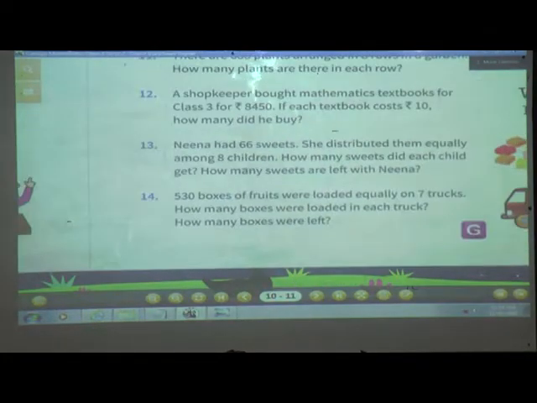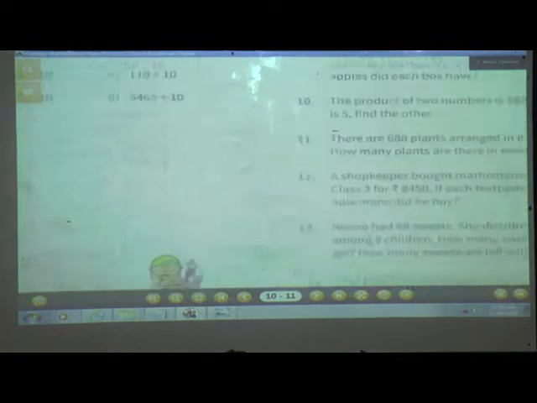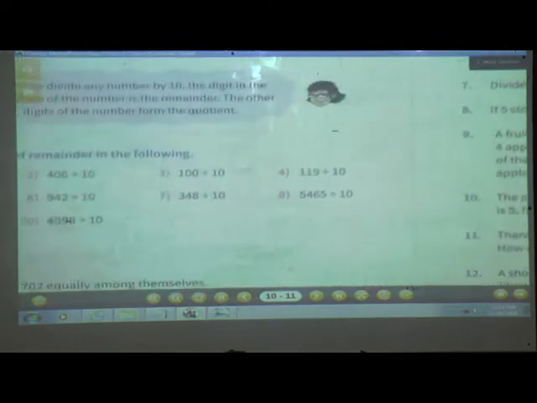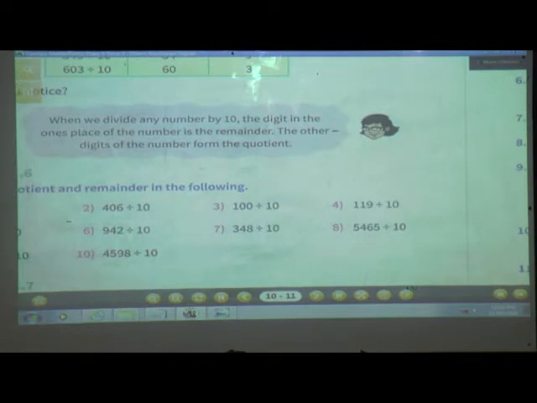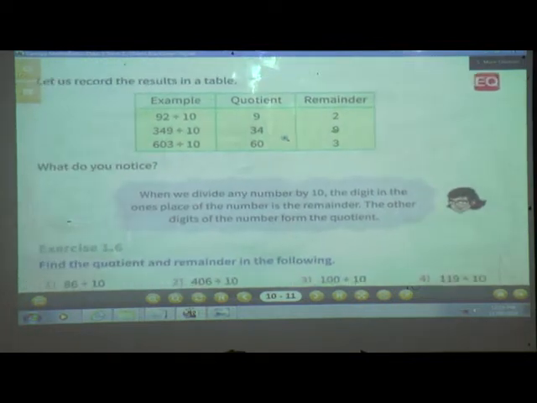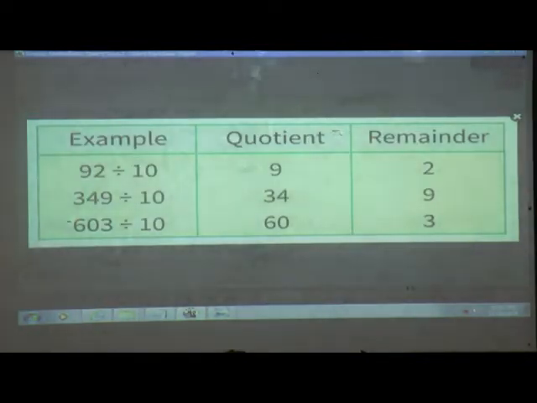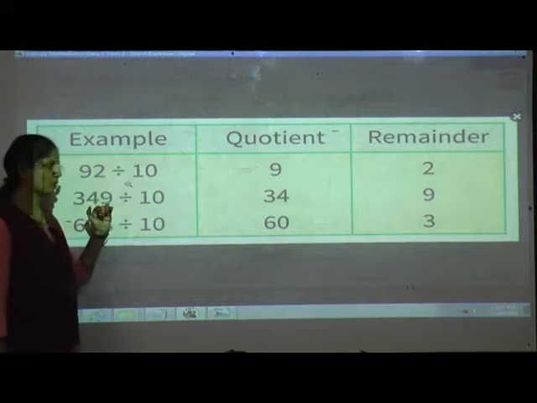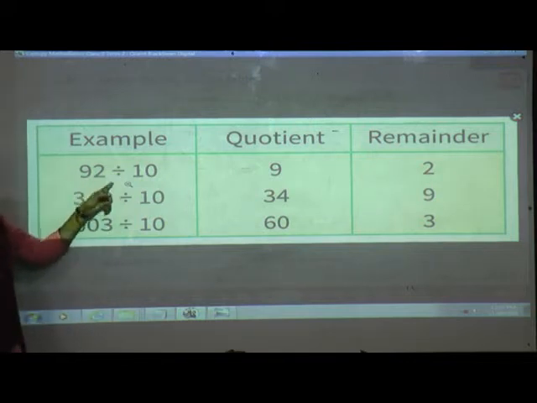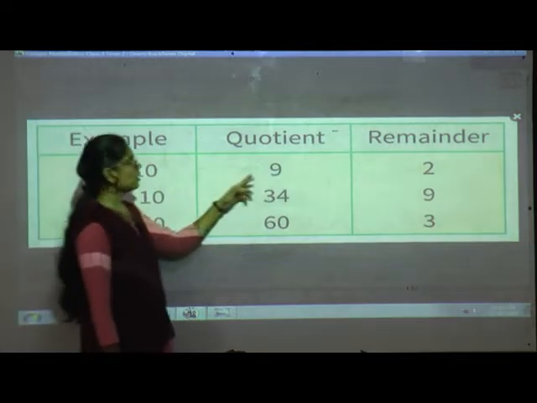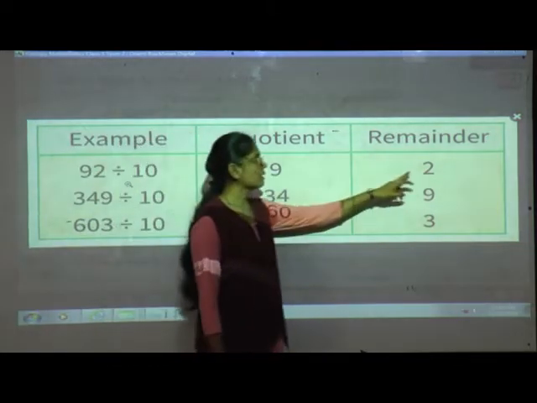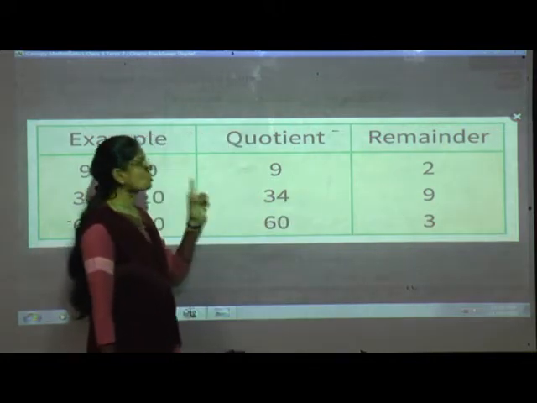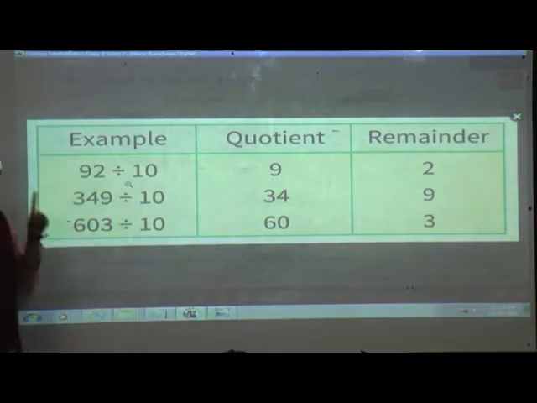Now from this example what can you say? Here one table we can form. What was the first example we have seen? The first example, that is 92 divided by 10. After solving this example we got the quotient 9 and remainder 2.